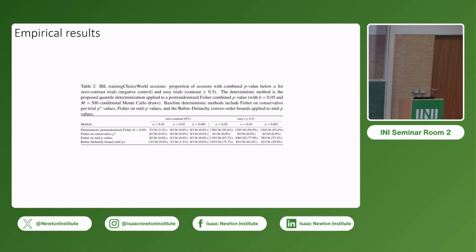And you don't get significance above the stated value except for this Rubin-Delancey method. But then here's when the mouse should be able to do it, and this is the number of times we get significance at these different alpha values, and you can see that for all the alpha values, this method performs certainly better than the conservative p-values, which never works, but it also performs better than these other values.